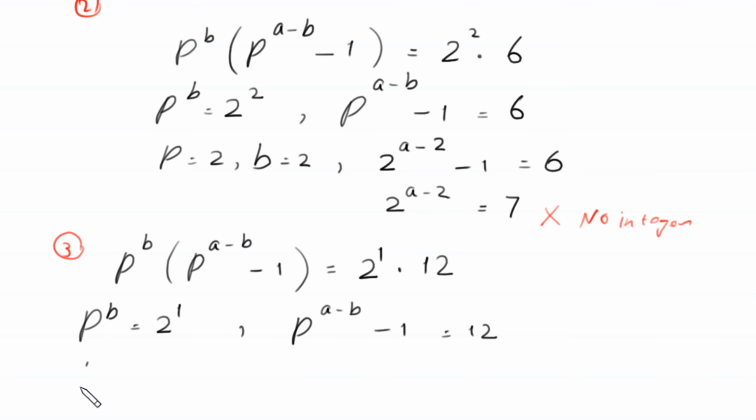From this equation, p is equal to 2 and b is equal to 1. We replace this p with 2, we replace this b with 1, so 2 to the power a minus 1 minus 1 is equal to 12.